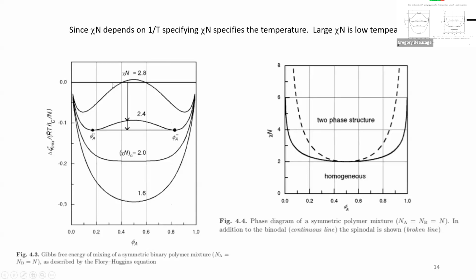So as you drop the temperature, chi is 1 over temperature, so as you raise chi or drop temperature, you get a double dip, then you get 2 points of equilibria. Those are minima, the bottom of the hill. The ball's at the bottom and that's where it's going to go. So that's a stable condition. But if you're right here at the inflection point, that's the spinodal.